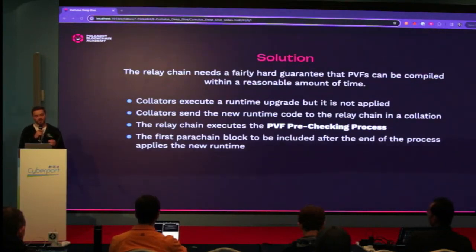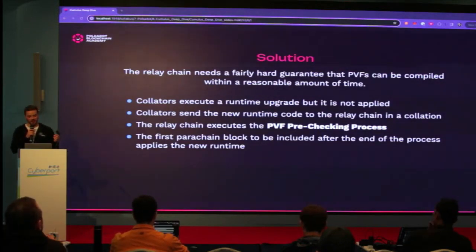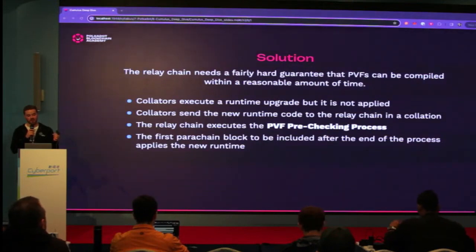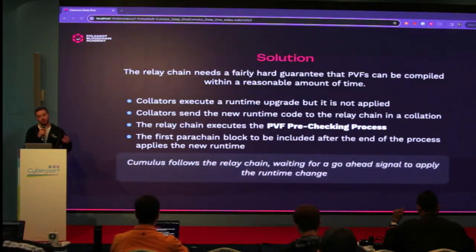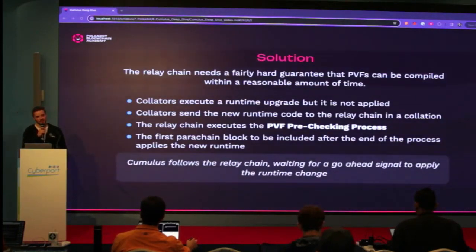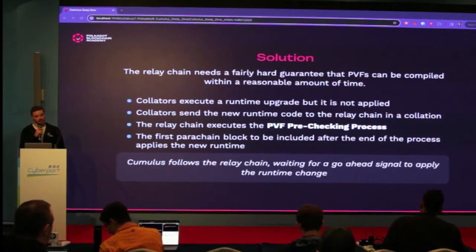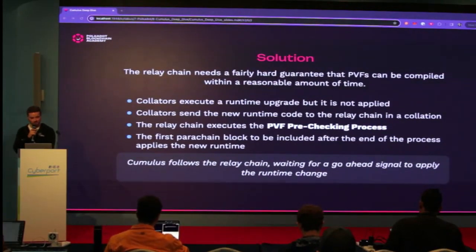The relay chain then executes a parachain validation function pre-checking process. And when that process is done, then the first parachain block to be included after the end of the process applies the new runtime. And Cumulus follows the relay chain using these tethered relay nodes that are attached to collators and parachain nodes. It keeps track of the relay chain and waits for this go-ahead signal to apply a runtime change.